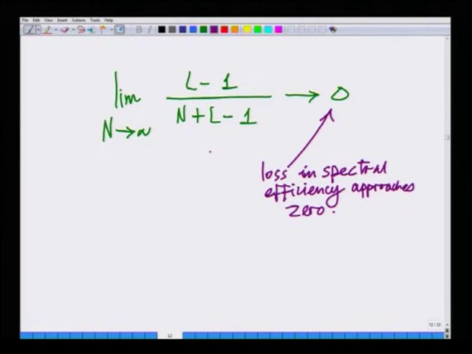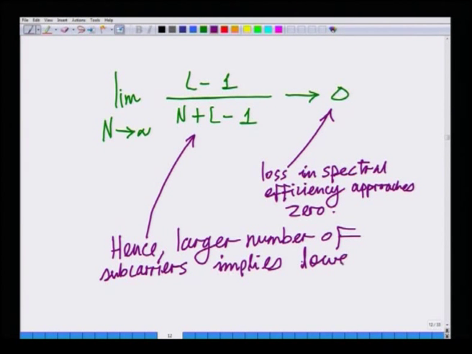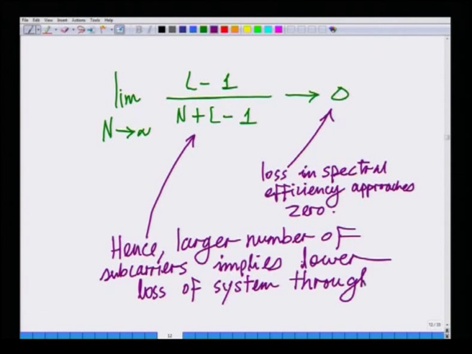Hence, a larger number of subcarriers implies a lower loss of system throughput.